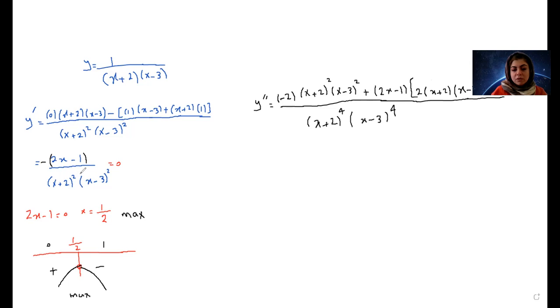Now, the first one without any change, the derivative of the second one. First one is (x plus 2) to the power of 2. Derivative of the second one is power in front, so you have a 2 in front, power minus 1, becomes (x minus 3) to the power of 1. Derivative inside is 1, so you don't have to write anything else. Now I can write this numerator in factored form.